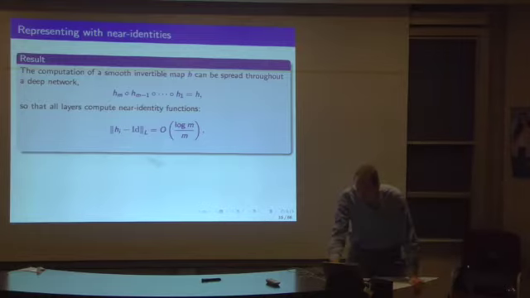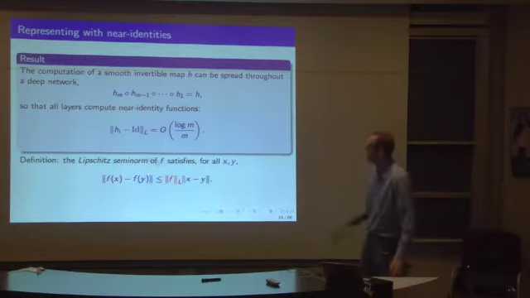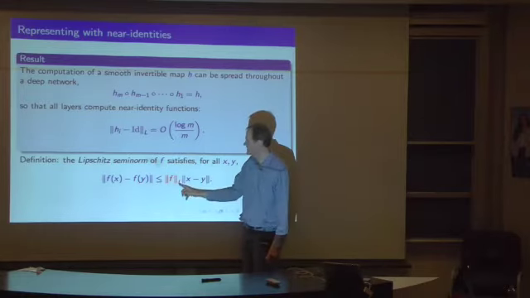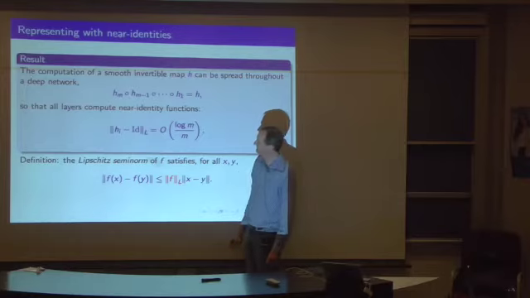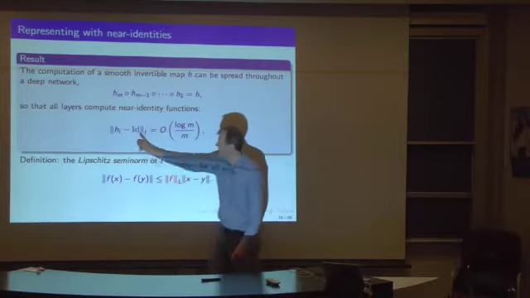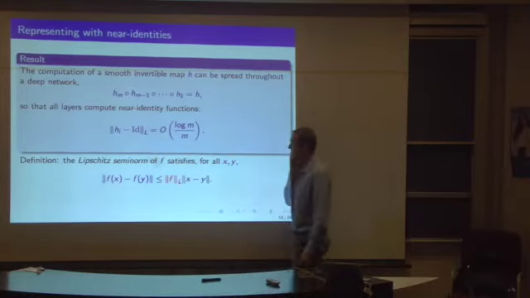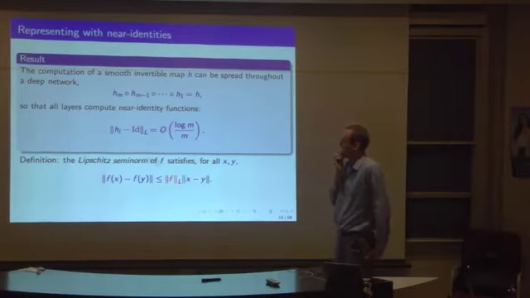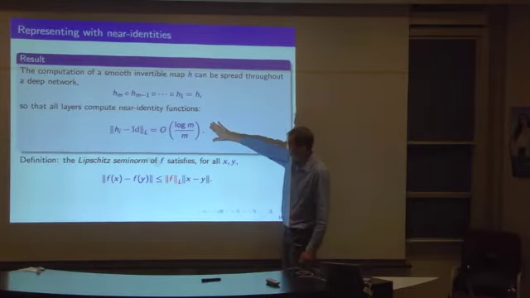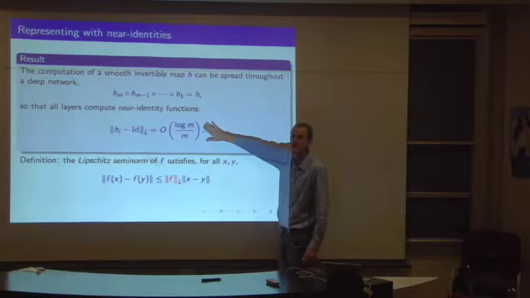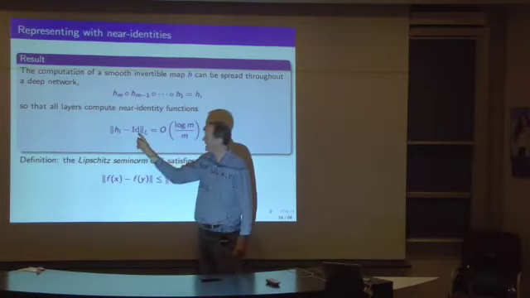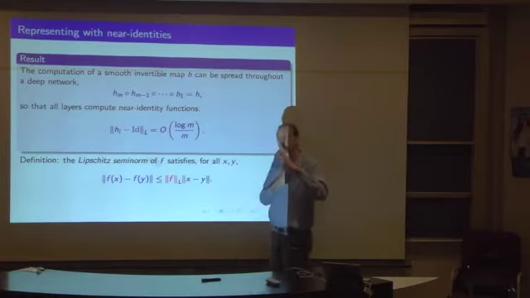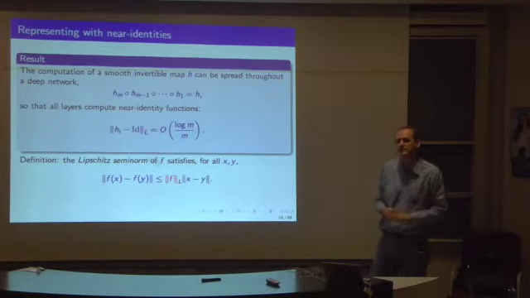Just the notation here: this is the Lipschitz semi-norm, the smallest Lipschitz constant for the difference between HI and the identity map. So this is telling us that as M increases, we can represent things with functions that are the identity plus something that can get flatter and flatter as the depth increases.